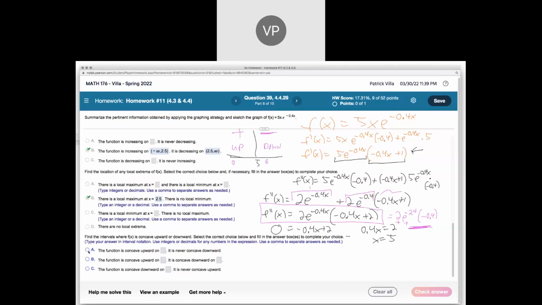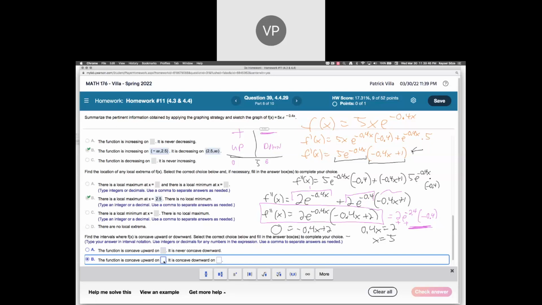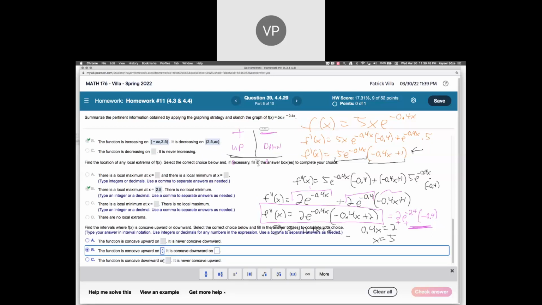And that's how we answer our question. We're concave up all the way up until 5, and then we're concave down everything after 5. So between negative infinity and 5 it's concave up, and then concave down from 5 all the way to positive infinity.